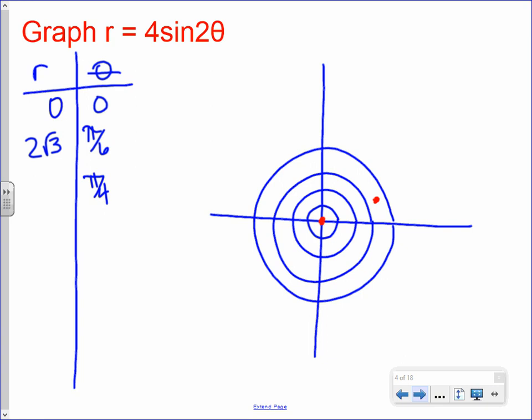That's a nice one. So at pi over 4, we're going to move out 4. What about pi over 3? Yep.